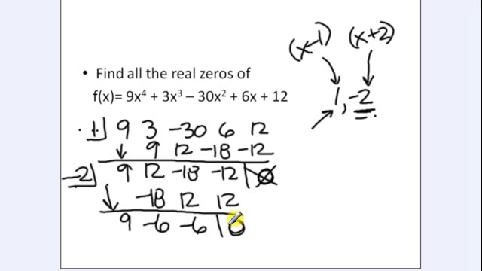And again, another good sign, I have 0 as my remainder, so that confirms that -2 is a 0. And now let's look at our resulting polynomial. Our resulting polynomial is 9x cubed. Whoops, not cubed, it'd be actually 9x squared. Because I divided it twice, this brought it down from 9x cubed. Now we're down to 9x squared minus 6x minus 6.